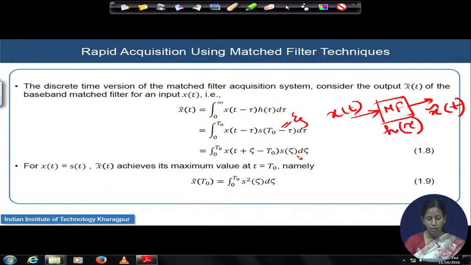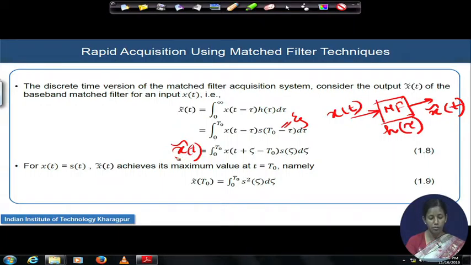Okay. So now what is this? This is saying that this is the output finally, at the output of the matched filter, the signal that is coming out. Now if I try to see what will happen, when this output will be maximized, because we understand that the matched filter output can give us a maximum signal to noise ratio value given a certain condition.